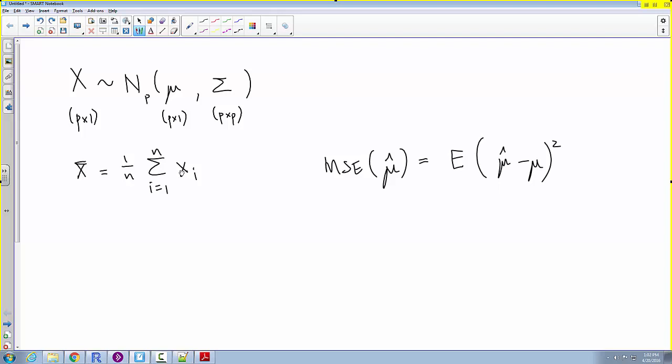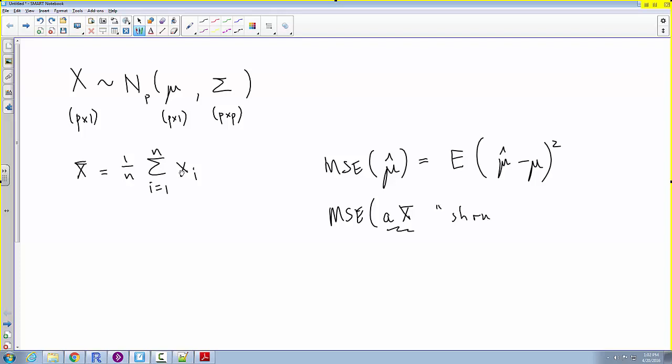And it turns out that the MSE of a shrunken version of X bar, so what you do is, if I get this right, don't trust me on that, it's called a shrunken version.